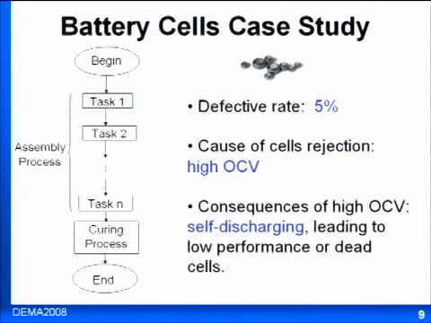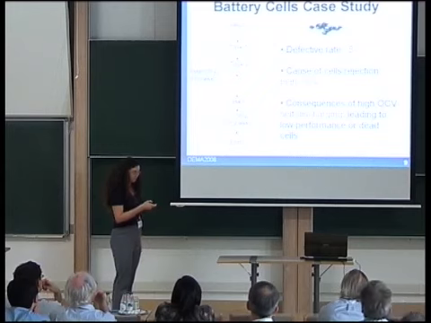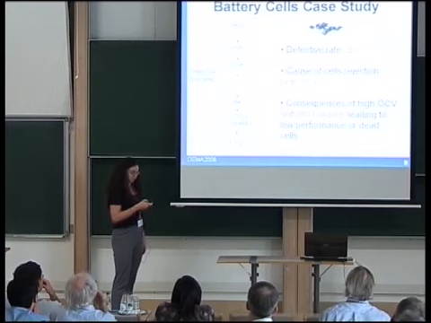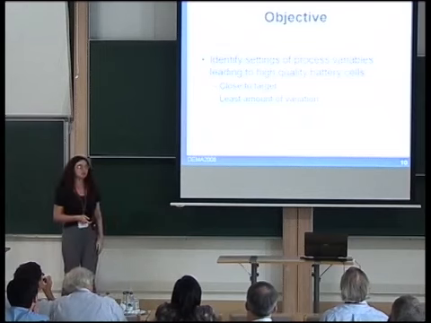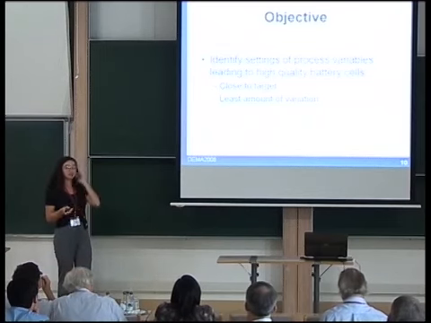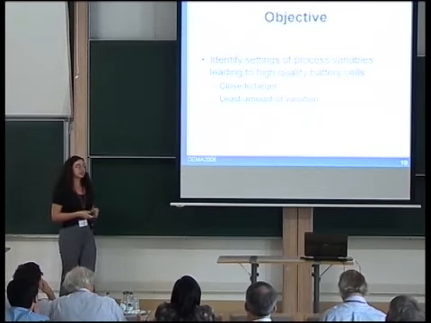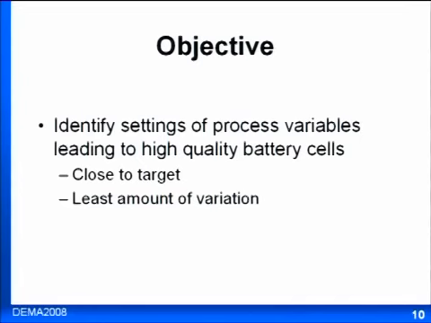So they had a 100% inspection at the end of the line not to ship these batteries to the customer, and they were losing lots of money because of this problem. So our objective with the experiment is to identify the settings of some factors to reduce this percentage of defects and also to reduce the variation.